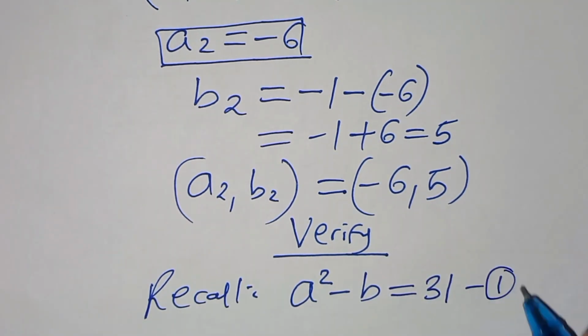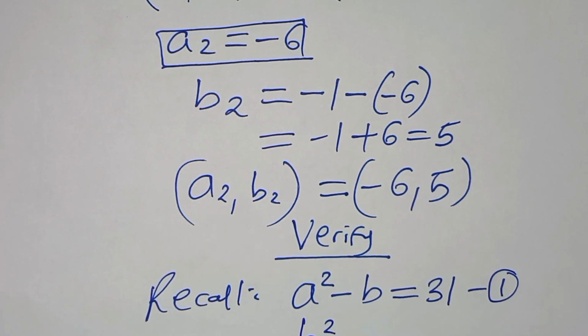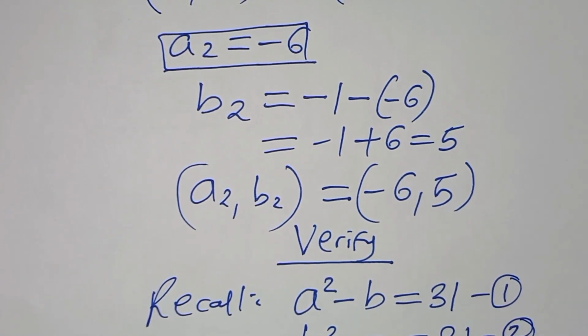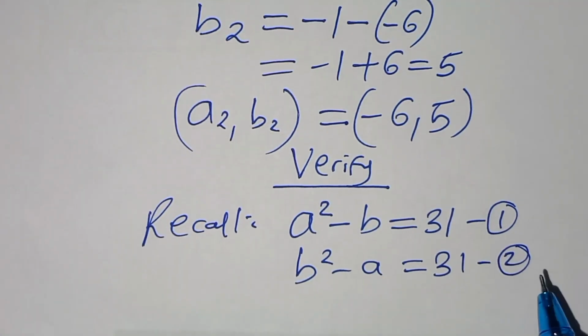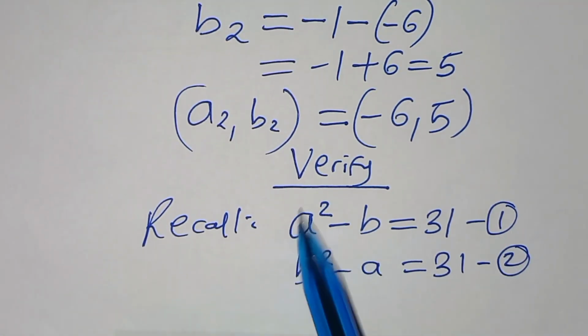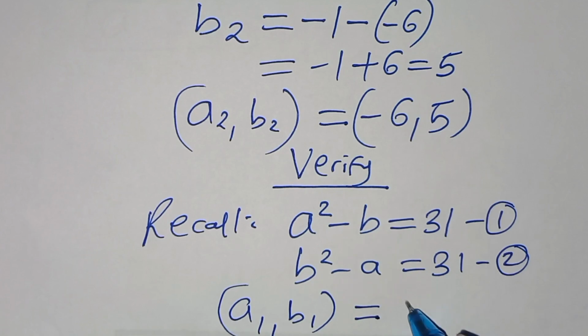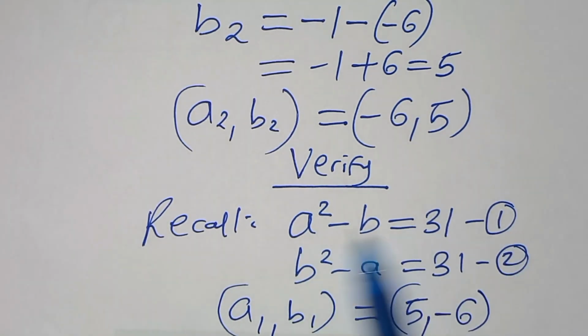This is equation 1. We have that b squared subtract a is the same thing as 31, and this was equation 2. So we can substitute in any of these. So let's substitute a1, b1, which is equal to 5, negative 6, in equation 1.